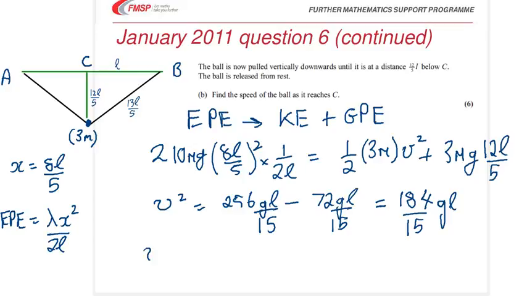So there's v, the square root of that. Okay, and that's the end of that question.